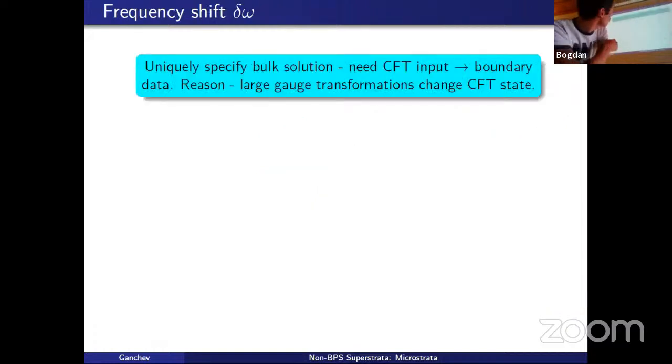Now on to this interaction that breaks supersymmetry that I've been talking about, and the boundary conditions, and what we can do on the CFT side. Okay, so as Amy was asking, you need to specify some boundary conditions for your fields to solve the BPS system of equations.